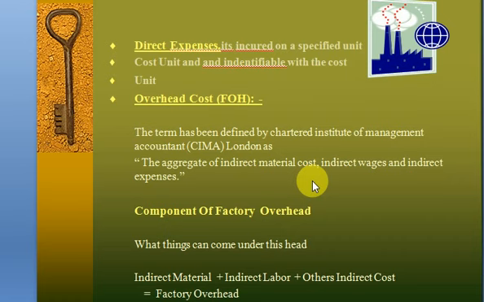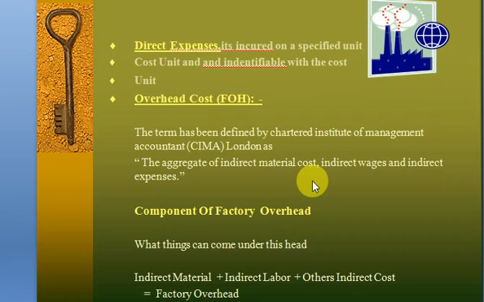For example, office printing, stationaries, these are the indirect materials cost. Similarly, salary of the office manager, of the directors, of the controllers. These are examples of the indirect labors.